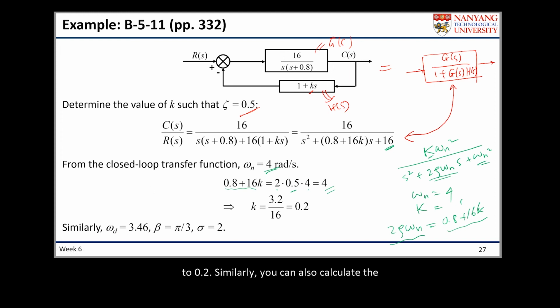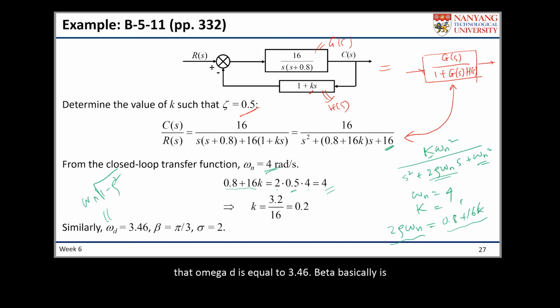Similarly, you can also calculate the remaining parameters, the remaining values, like omega d, the damped natural frequency, where you know that omega d is equal to omega n times square root of 1 minus zeta squared. You can find that omega d is equal to 3.46.